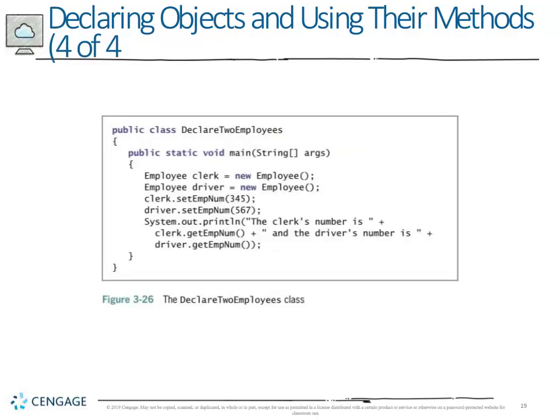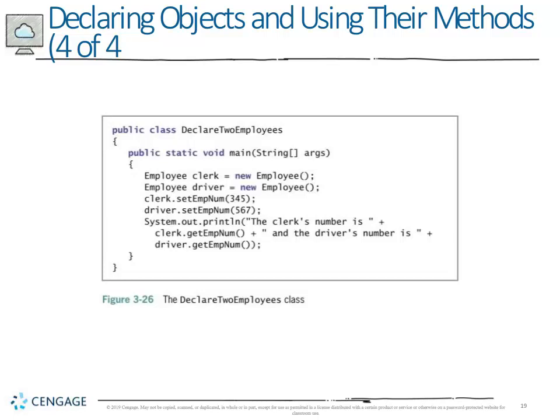After an object is instantiated, its methods can be accessed using the object's name, dot, the method call. In this example, we first instantiate clerk, an object from the Employee class. So we can say clerk dot set employee number, and we pass the parameter.